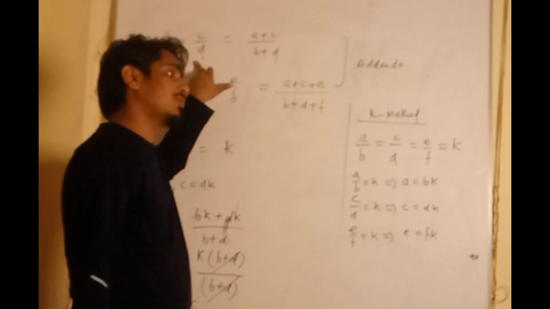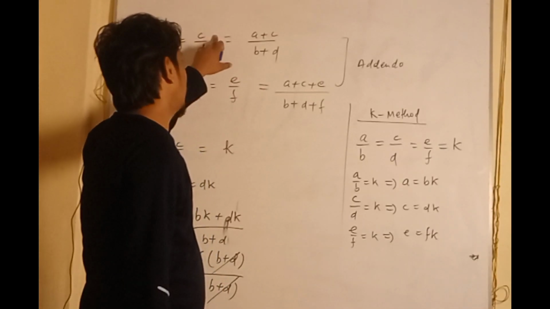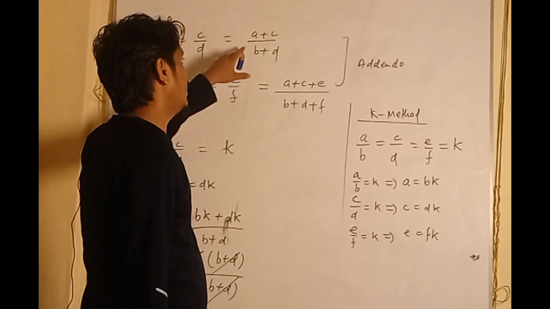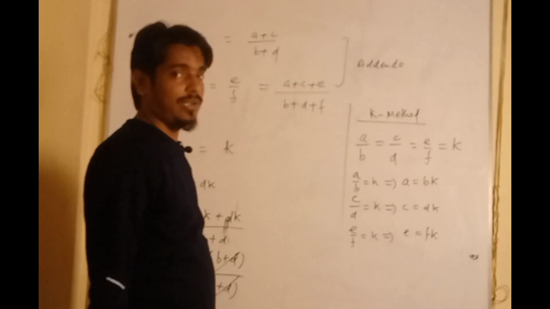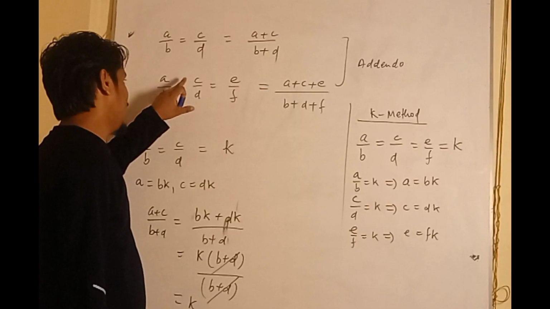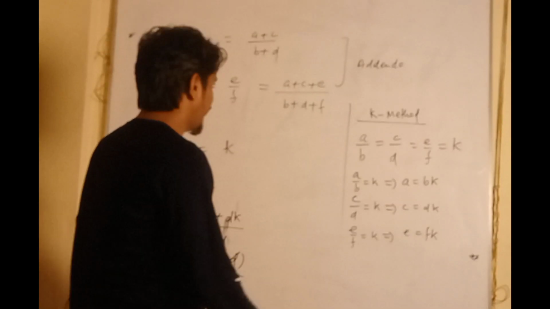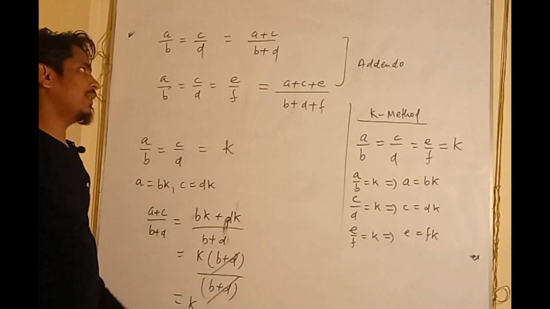So we can directly say that whenever we have ratios like this, A by B is equal to C by D, we can simply write that equal to the sum of the numerators of these ratios divided by the sum of the denominators. And like over here we have A by B, C by D, E by F, and in any number of ratios that are equal, we can write in that way.